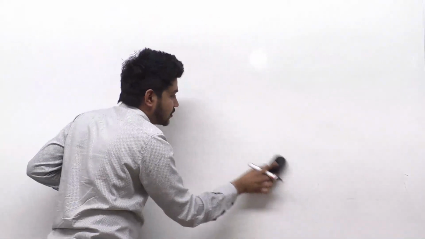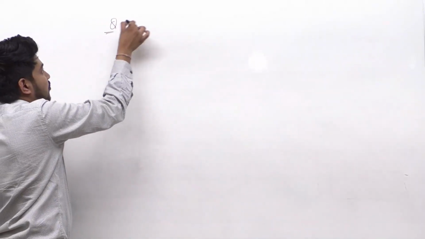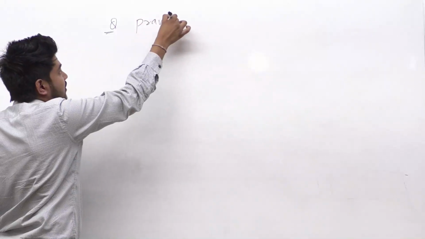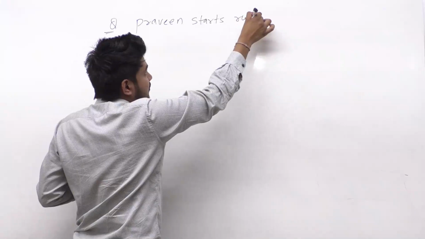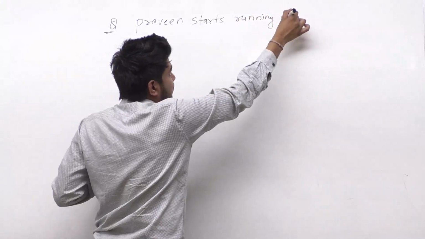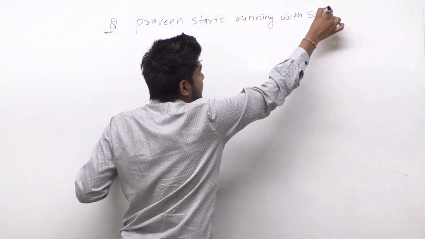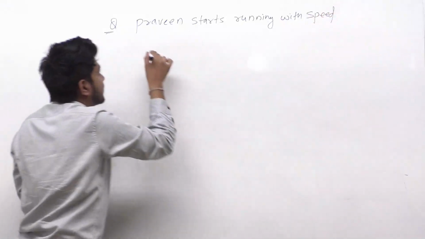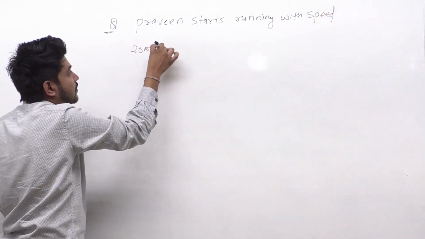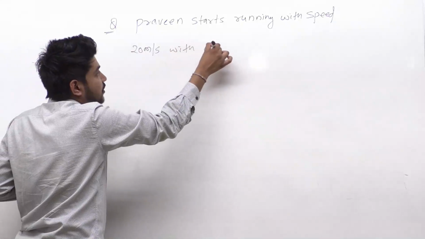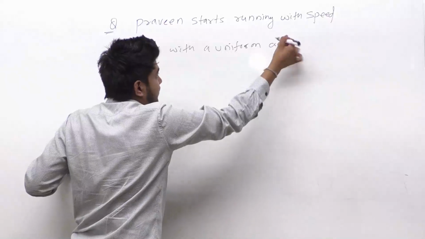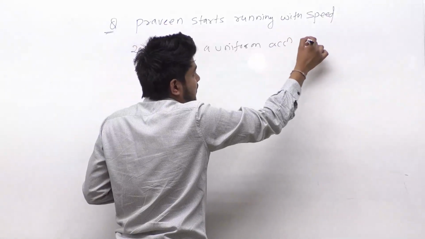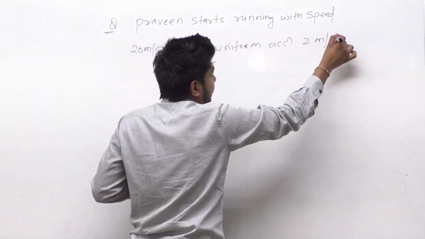So the very first question is, let's say Praveen starts running with speed 20 meter per second with a uniform acceleration 2 meter per second square.